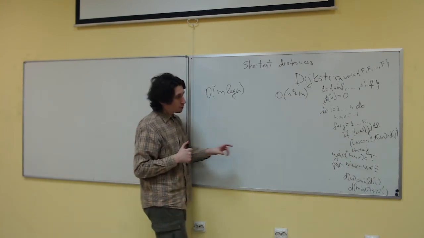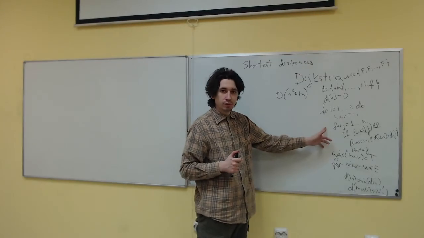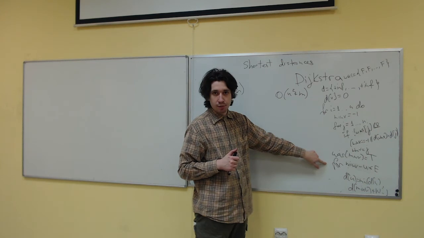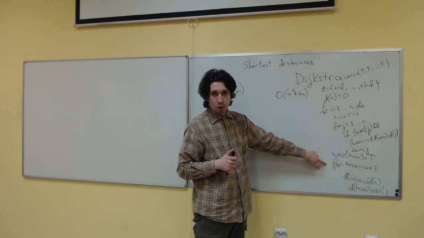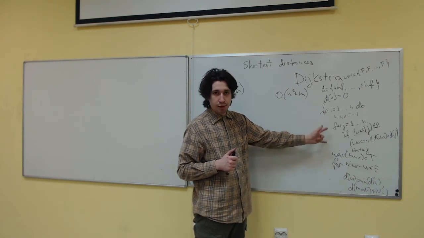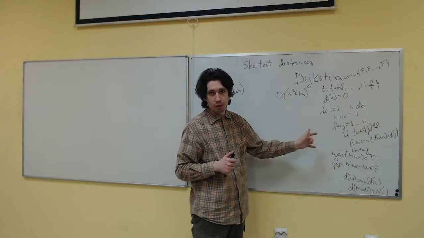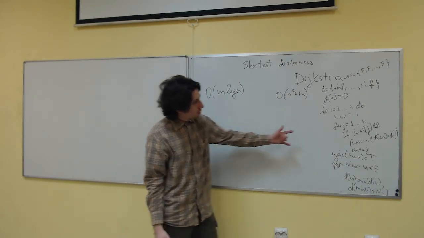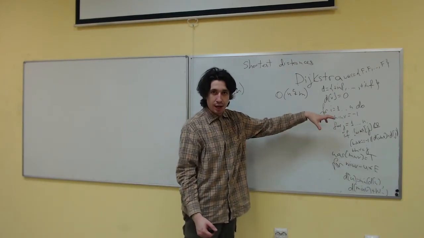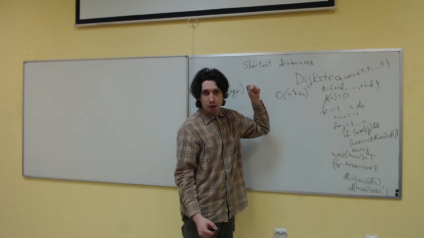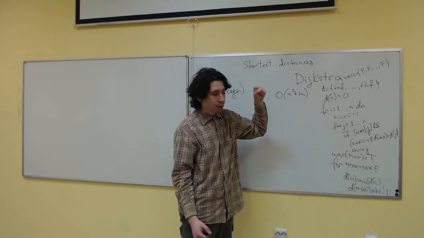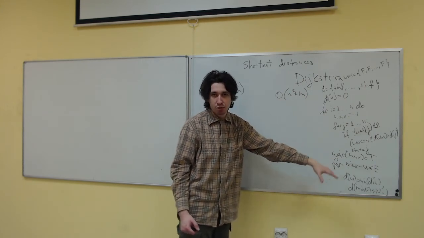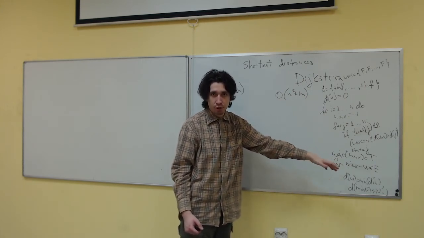What are we really doing here? We take the minimum from the set and we iterate over all the edges. What data structure can support finding the minimum? Yeah, for example, a heap. So instead of going over all of this, you just take the heap and you take the minimum out of the heap in logarithmic time. Then you go over all the edges and try to update the distances to other nodes.